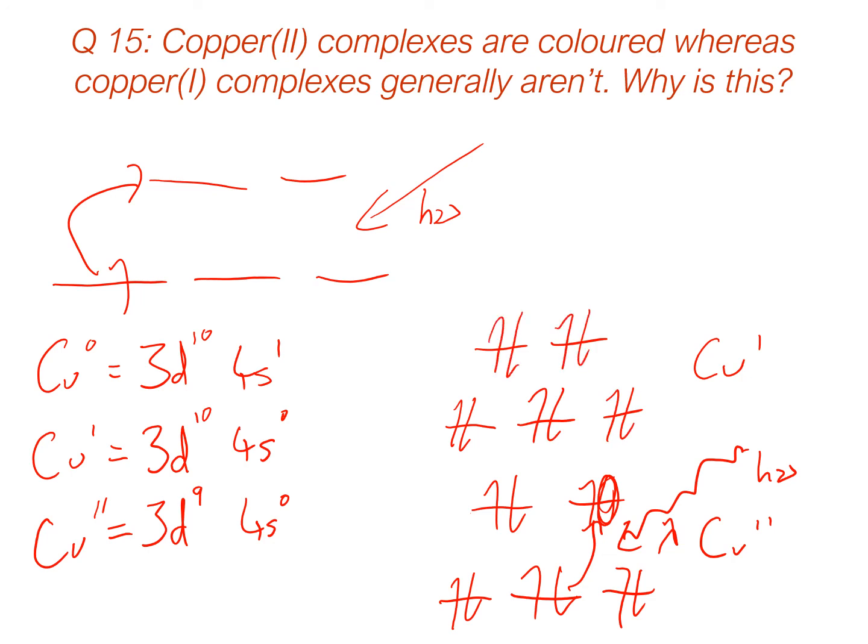There's no space for any more electrons to go anywhere, so we can shine all the light in the world we wanted. But there is no electron transition to be had, so none of the light will be absorbed. So it's for this reason that copper 1 complexes generally aren't coloured, whereas copper 2 complexes can be coloured because they can absorb light for this d to d electron transition.